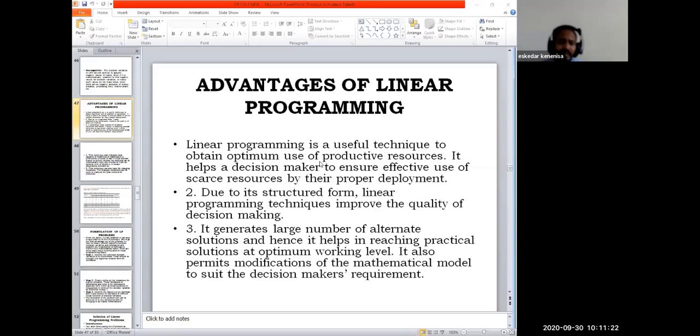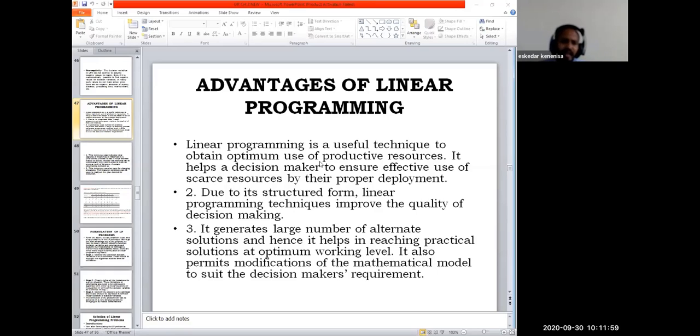Effective ስንል achieving your goal, doing the right things. Efficient ደግሞ ስንል doing things right. Especially in LP or linear programming, one of the advantages is that it is a useful technique to obtain optimal use of productive resource.